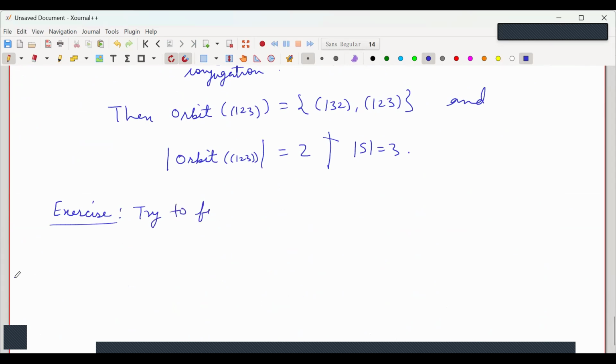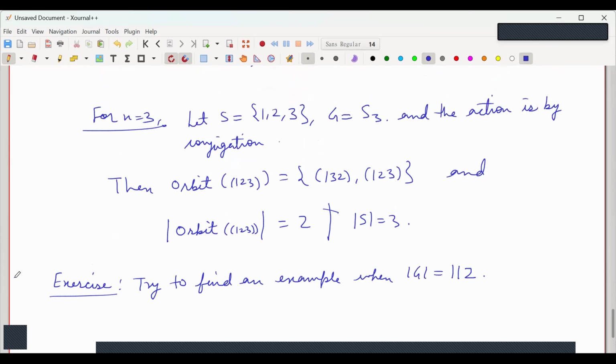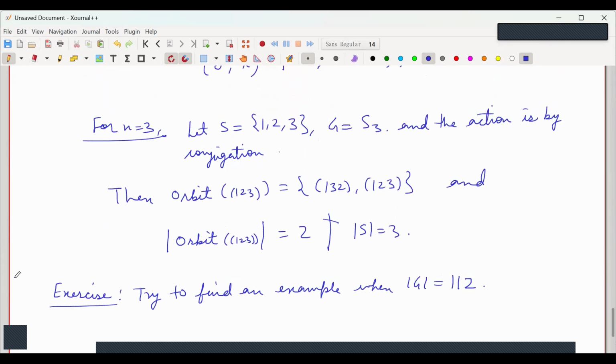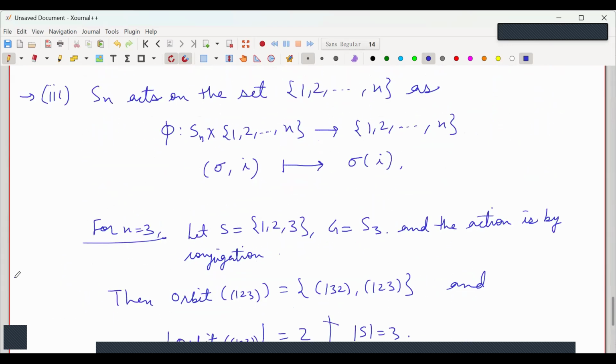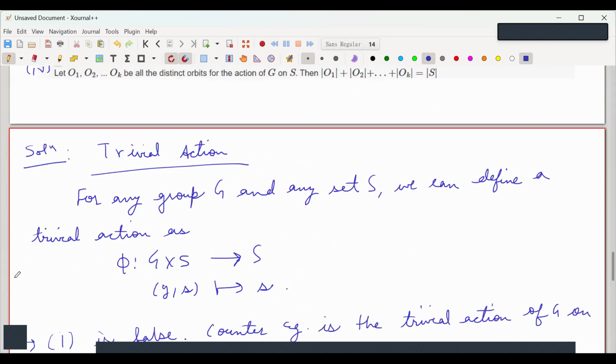Try to find an example when the order of G is 112. Okay, so I gave you one example in which the size of orbit is not dividing S, right? Now you can think of some other example and see that this won't be true. Okay.